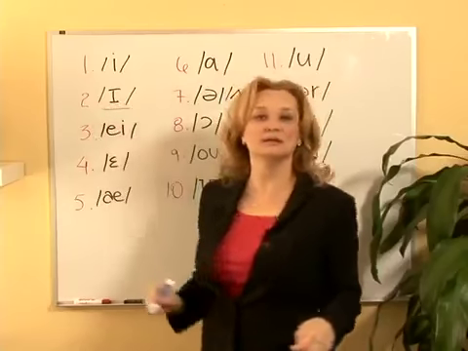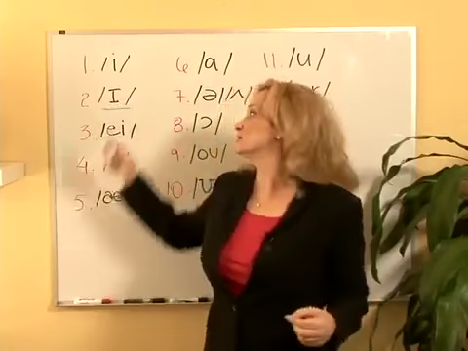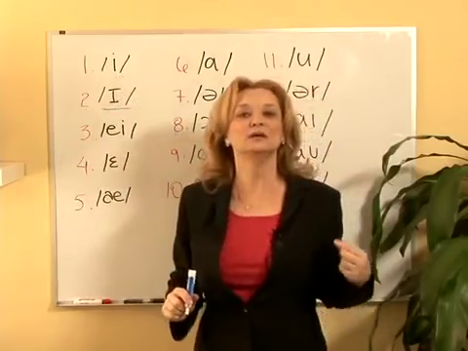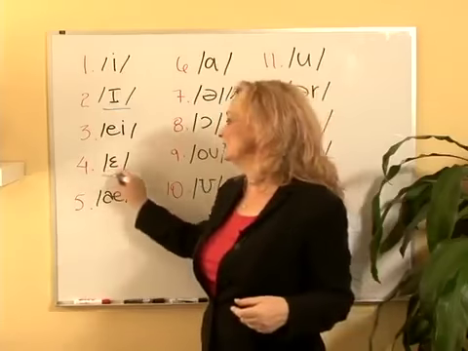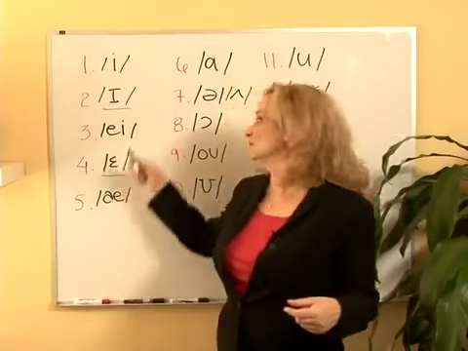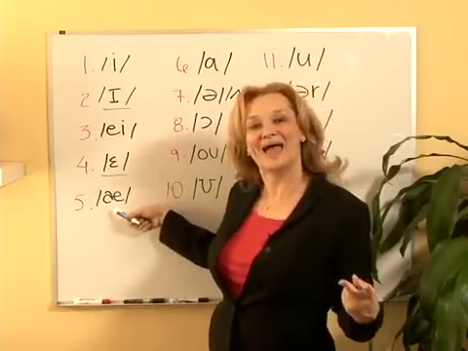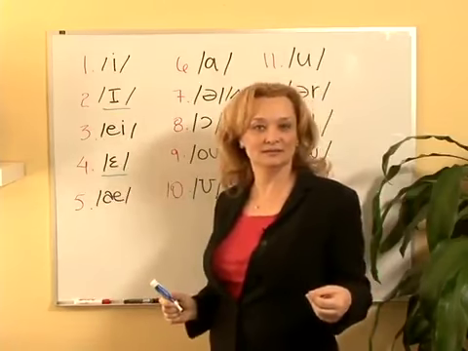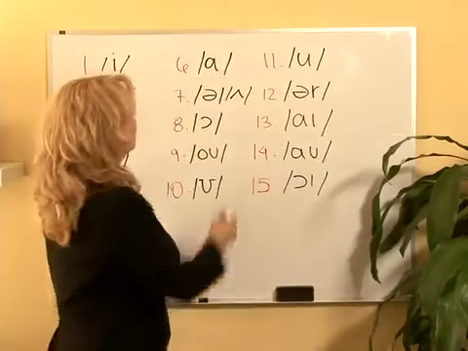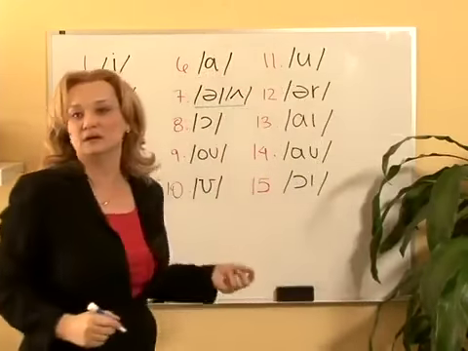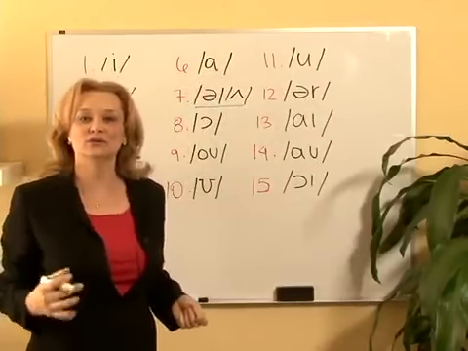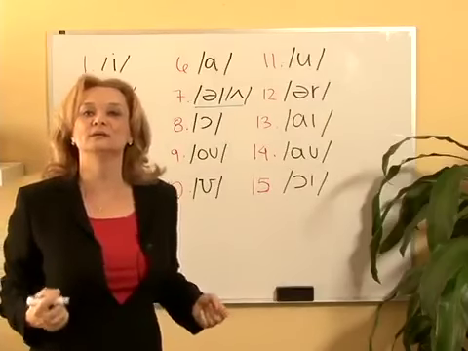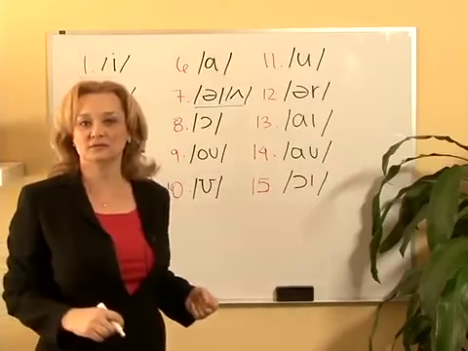The first one is I. So we don't say E, we say I. Very neutral, very relaxed. The second one is E. We don't say A, we say E. The third one is uh. We don't say love, we say love, love.